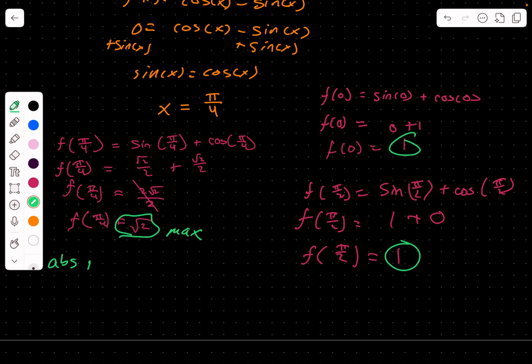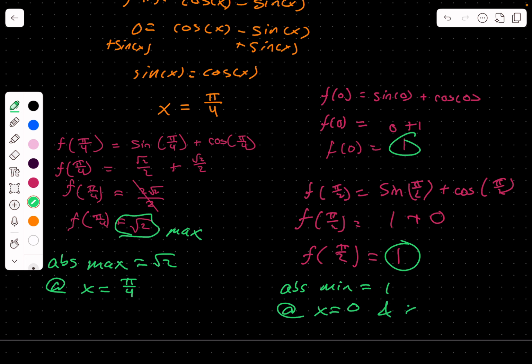Absolute max equals square root of 2, or you can write the decimal, at x equals pi over 4. Then we can write over here, absolute minimum value is 1 at x equals 0, and, wow, that is awful, and x equals pi over 2.